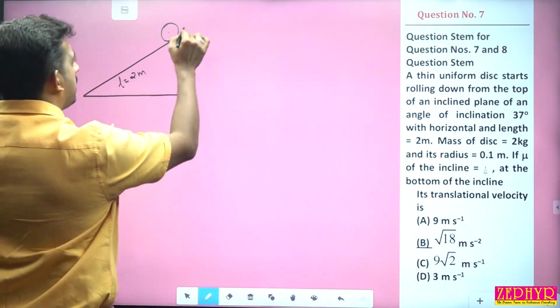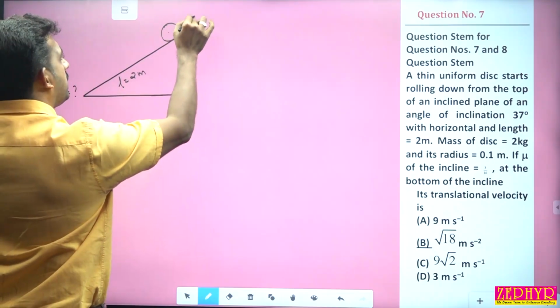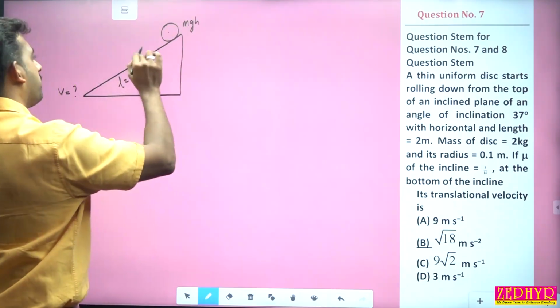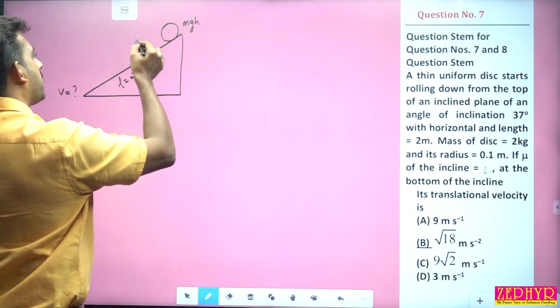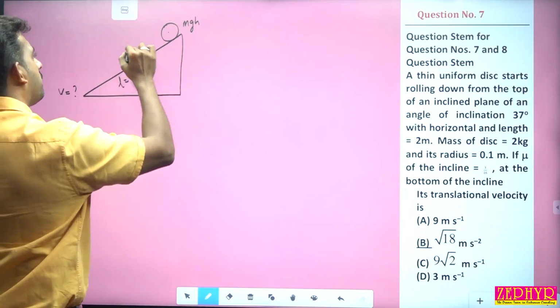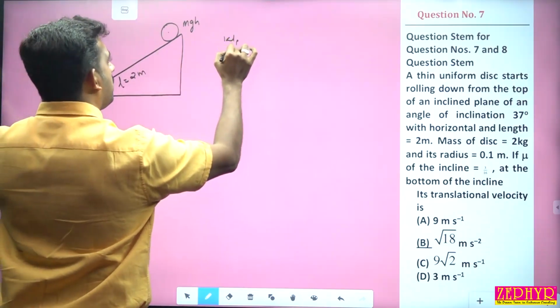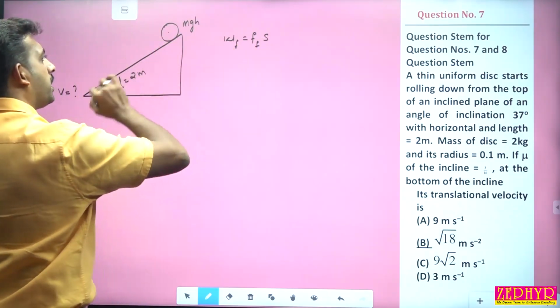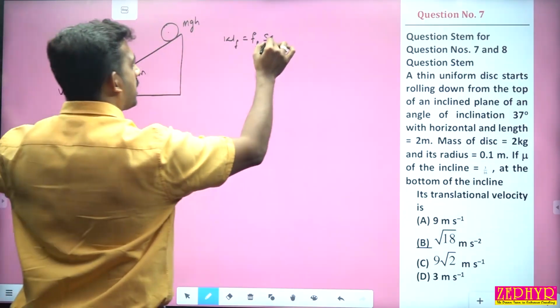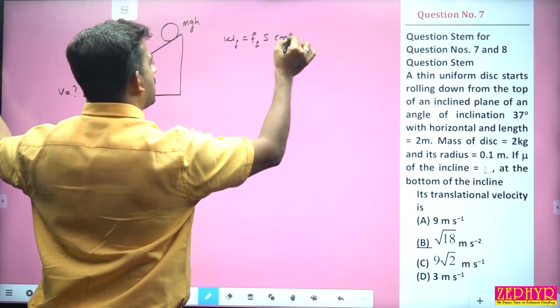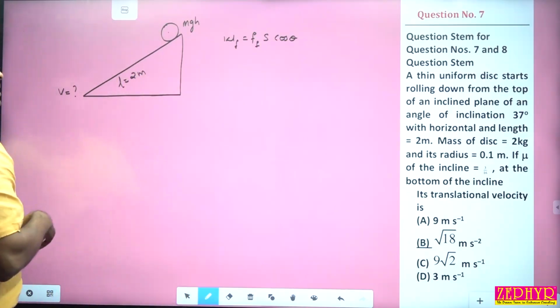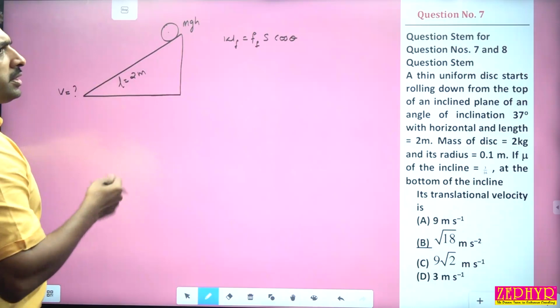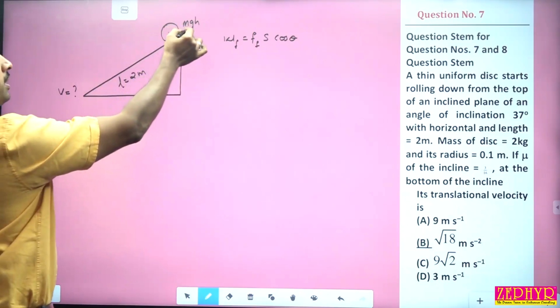At this point the total energy is m g h, and it is having friction. So friction will be doing work against the motion of the body. The work done by the friction is equal to Ff into s. Since it is rolling in the downward direction, the displacement is in the downward direction. We'll take it as Ff into s. So that is loss of energy. It has a mechanical energy of mgh.